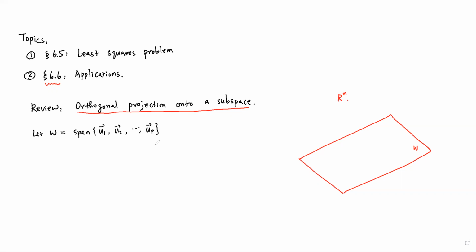When P is 2, then W, the graph, is a plane, right? A set spanned by 2 vectors is a plane, right? But P can be greater than 2.